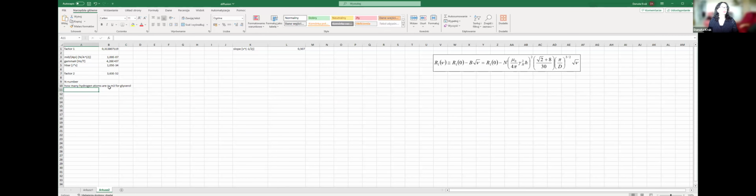So how many hydrogen atoms do we have in 1 cubic meter of glycerol? Ready to try? I'm waiting for ideas.